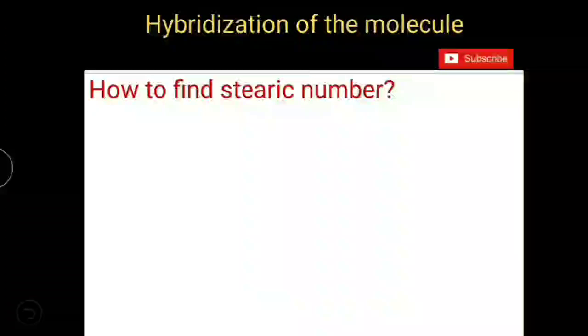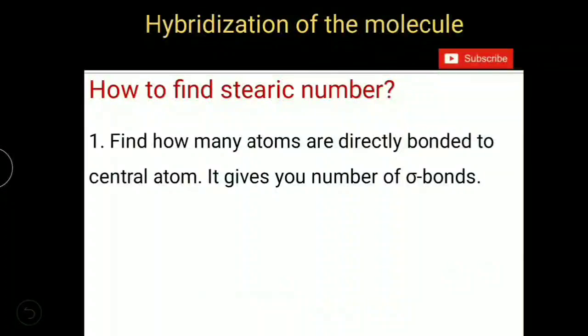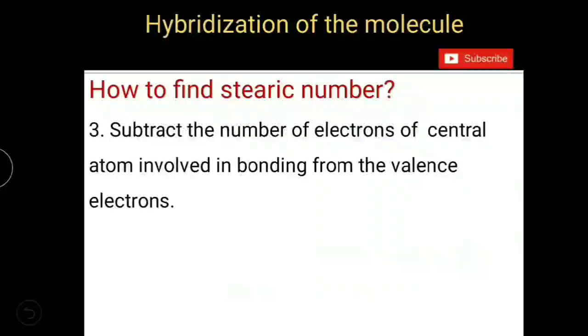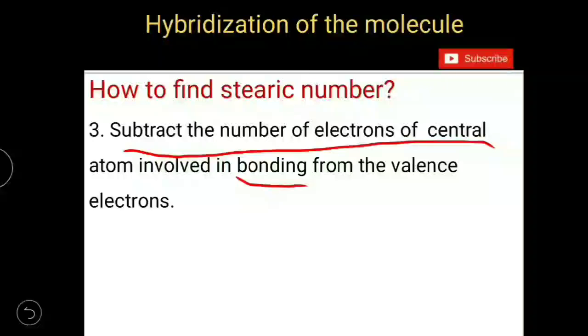How to find out steric number of the molecule? First, find how many atoms are directly bonded to central atom. It gives you number of sigma bonds. And then count the number of valency electrons present in central atom. Next, subtract the number of electrons of central atom involved in bonding from the valency electrons of central atom.